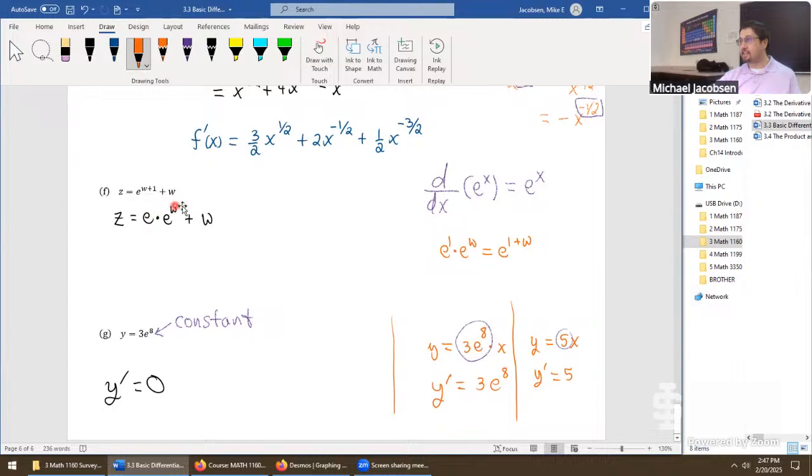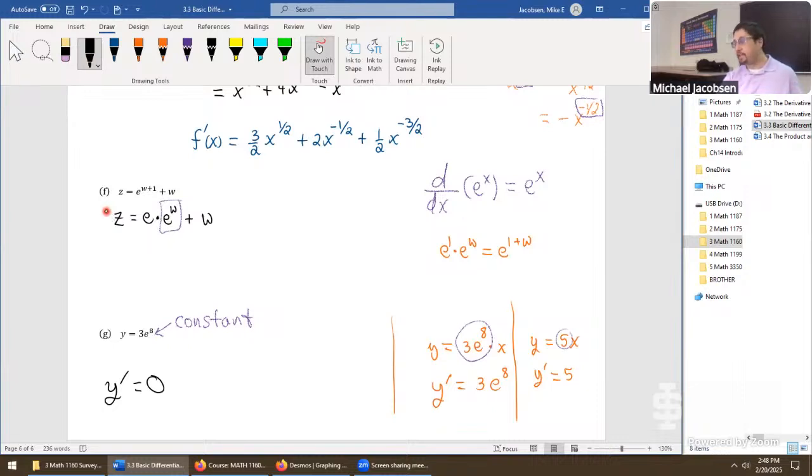Now when we go to differentiate, this e power w is going to be differentiated through this rule right here. And there's an e in front, but that's just a constant. It's just like having a 5 in front. Constant multiple rule is just going to allow it to carry down unaffected. Definitely kind of a tricky problem to look at.